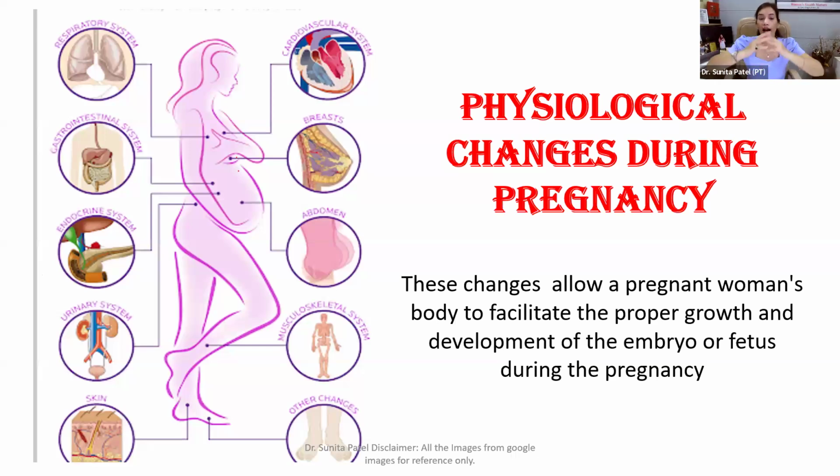So we want this muscle to be more functional, so that breathing should be a part of our preconceptional physio care. There should not be shallow breathing, there should be good breathing, so that she can avoid that shortness of breath throughout the pregnancy.